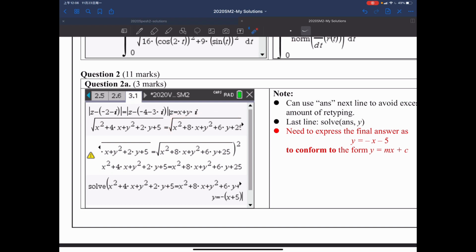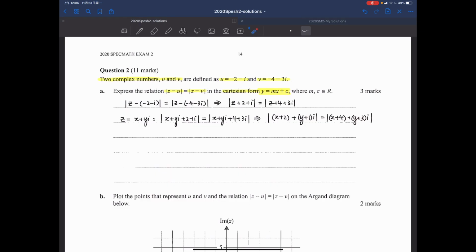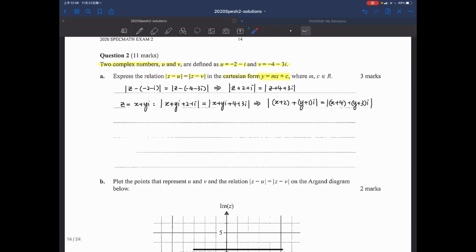And finally, you solve that expression for y, because you expect a line, which is a perpendicular bisector between the 2 points. So your final answer is y equals minus x minus 5, because you need to expand that to suit the specified form y equals mx plus c.